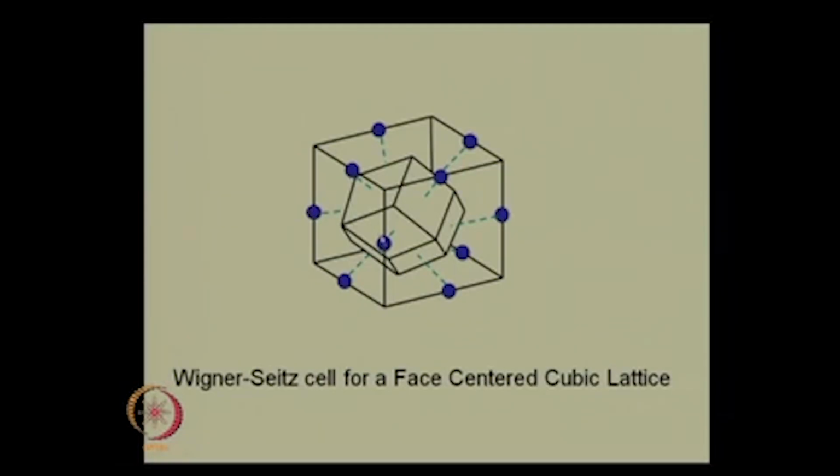At the corners we have lattice points here, and in the middle we have lattice points here, and the straight lines I have drawn all go to the middle of this structure, which is a plane halfway through the unit cell that we are showing you here. That is the face center in fact of both these unit cells. Effectively that is the face center of one half of a unit cell that is up here, and also the face center of one half of another unit cell which is down here.